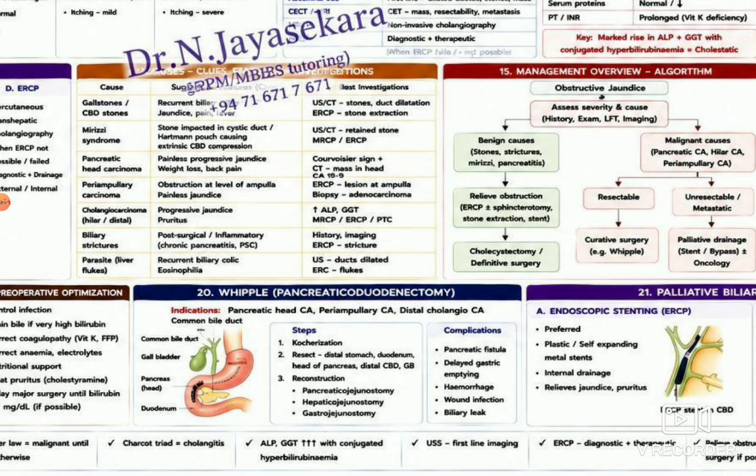Complications. Major complications include pancreatic fistula, delayed gastric emptying, bile leak, hemorrhage, and infection. Students often fear Whipple surgery, but remember the logic. All these structures are closely attached anatomically, so they are removed together as one surgical block.